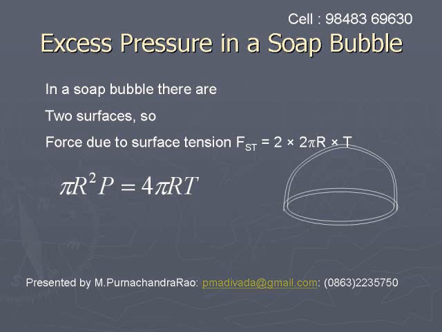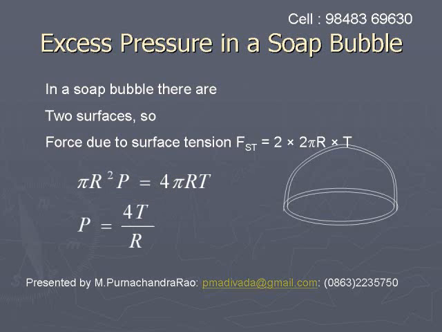Hence, P into pi r square is equal to 4 pi r T, from which we will get P is equal to 4T by R. This is the relation for excess pressure in a soap bubble.